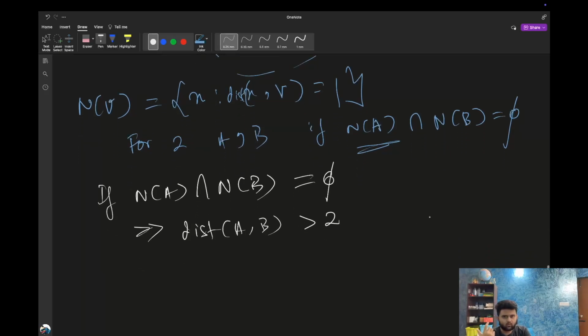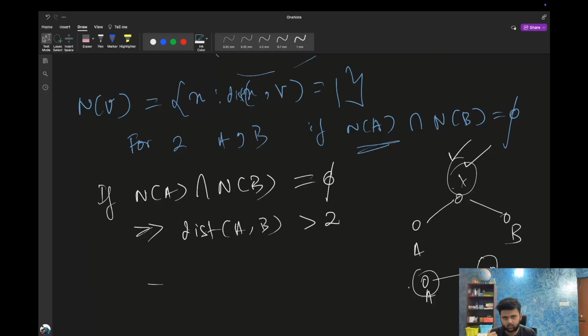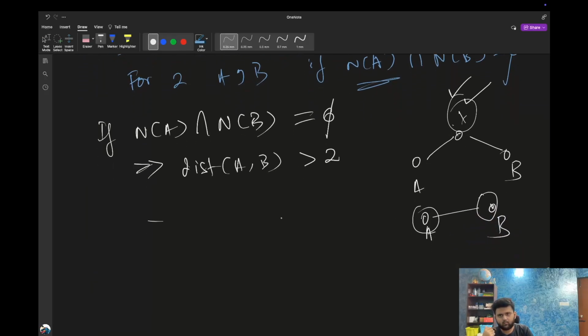It's easy to see that if the distance is equal to 2, so let's say they're joined by a vertex X, A being a leaf or not is dependent on X's events, and B being a leaf or not is dependent on X's events again, so they're not entirely independent. And if the distance is equal to 1, again obviously they're dependent on each other's being leaves or not. And obviously if they're the same vertex, then we're not bothering about that.